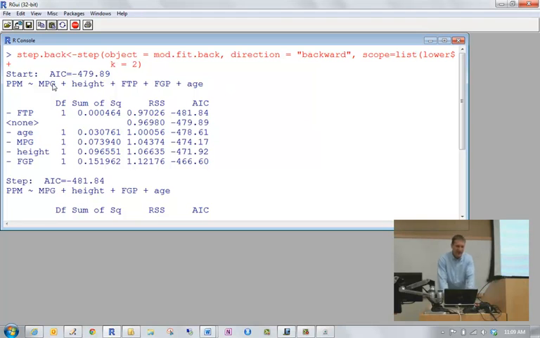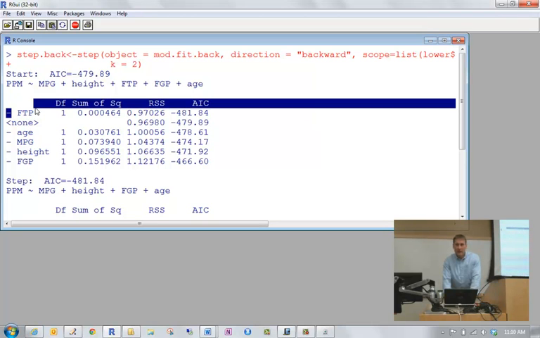Anyway, so we have the model with all the variables in it has an AIC of -479.89. And then I look to see, well, what happens if I were to remove, notice the negative in front of the FTP, or the minus sign.